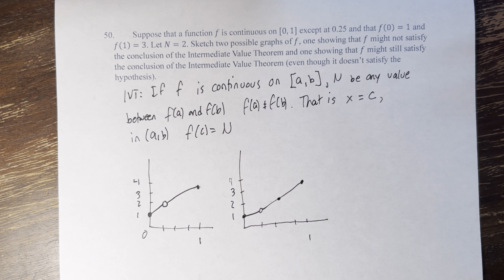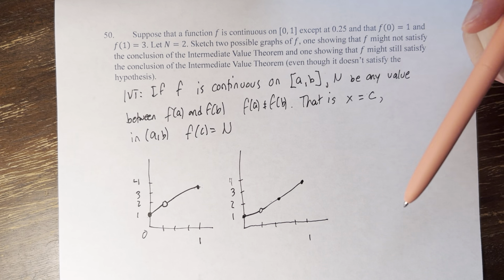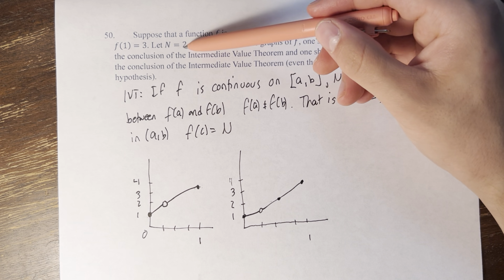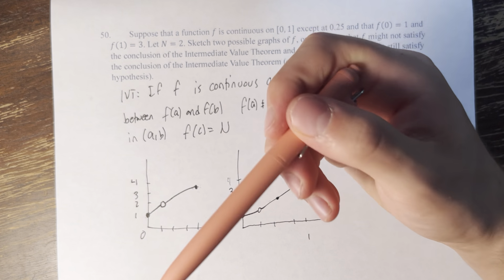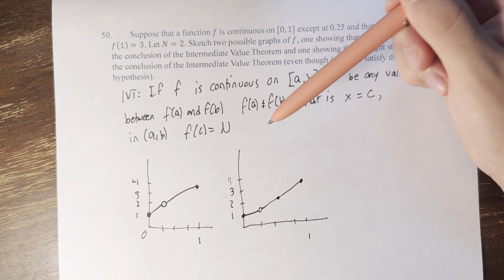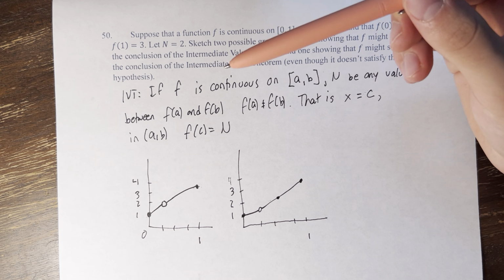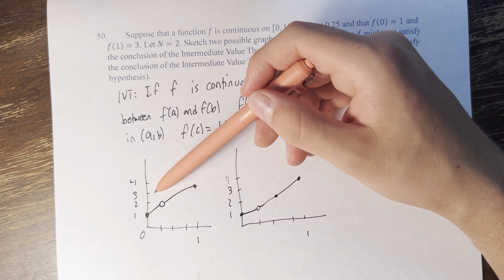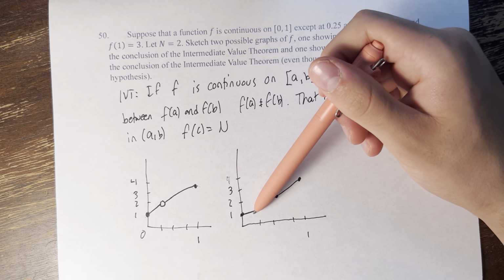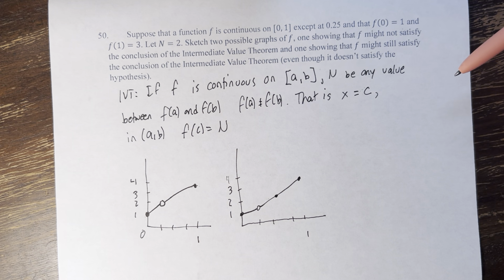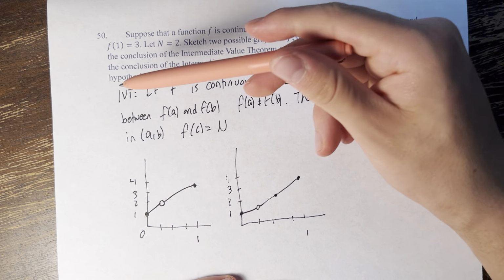So this shows that it might still happen, where if you're going from 1 to 3, you're going to hit 2. Because there is a hole somewhere, that hole could happen at 2, and therefore you could skip it entirely. So this does not satisfy the conclusion of the IVT. This does, even though the hole means that it was never guaranteed to happen in the first place, which means it doesn't satisfy the hypothesis.